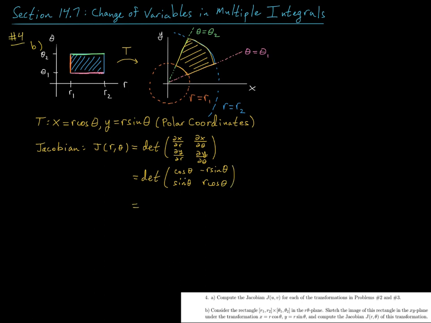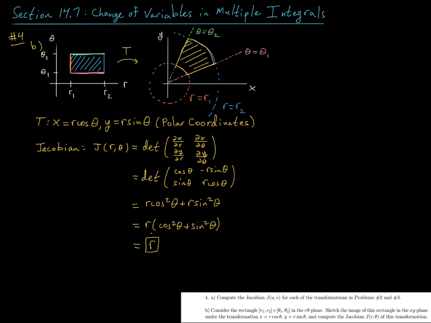Okay, so taking this determinant will give us r cos squared theta, and then minus a negative r sine squared theta. So that'd be plus r sine squared theta. And now notice if I factor out an r, there's this familiar Pythagorean identity, and this is just equal to 1, so the Jacobian then is equal to r.